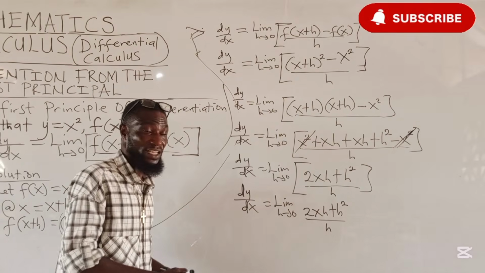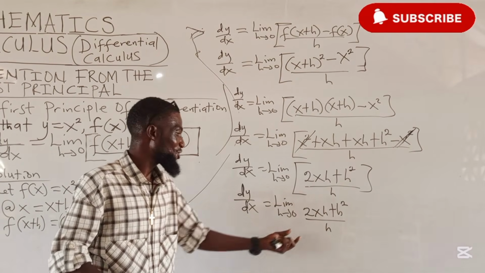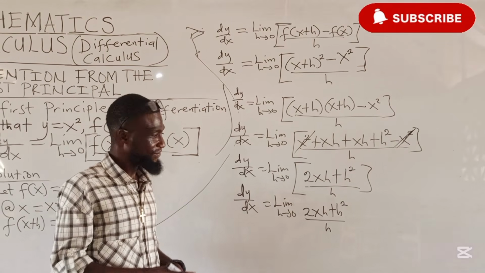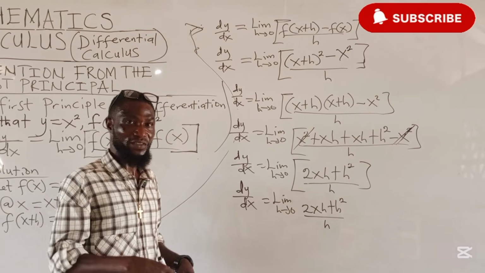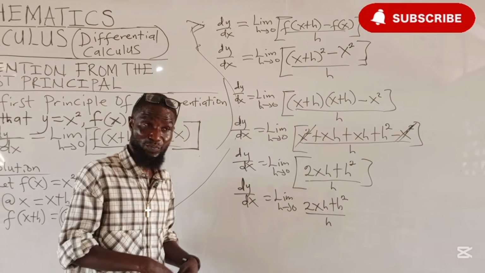We take this out of the bracket because we want to factor it. So we'll be factoring this to solve our problem. Remember, Pierre de Fermat made contributions to using the first principle of differentiation to solve, and he also made a contribution to probability.